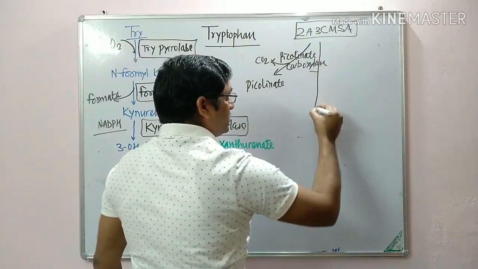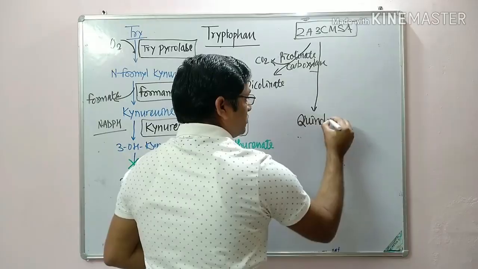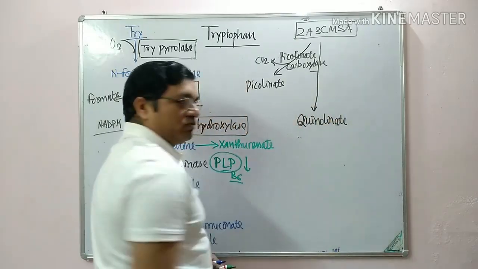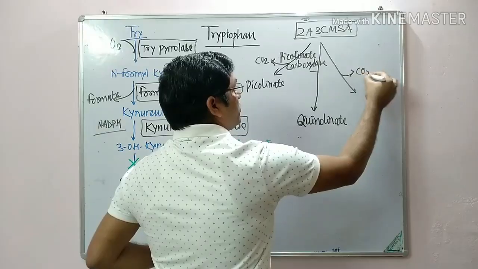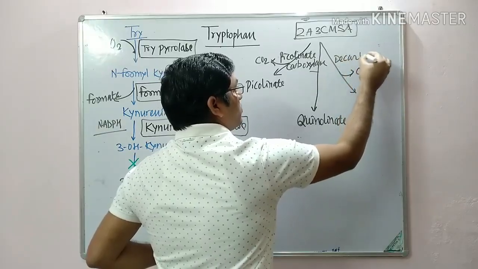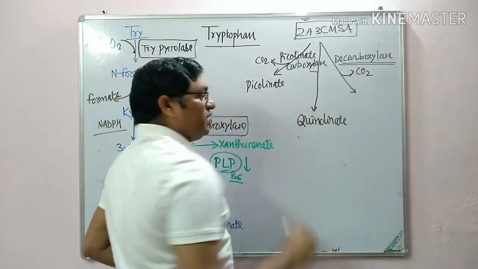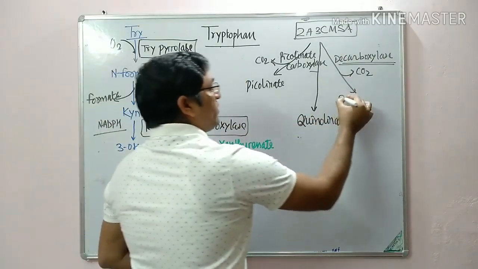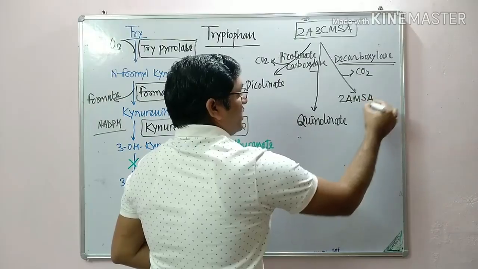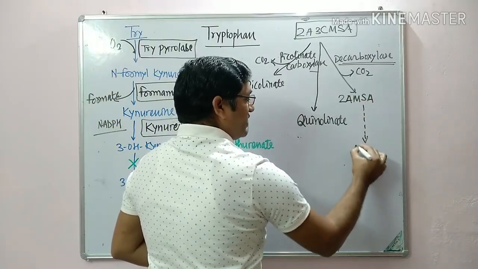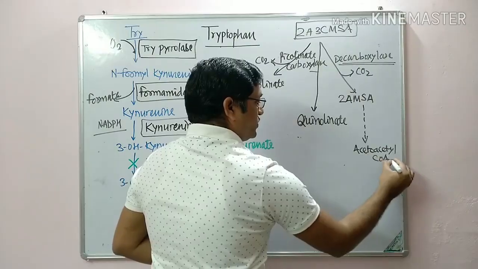On spontaneous reaction it will give quinolinate, and by the decarboxylase, again by the removal of CO2, it gives 2-aminomuconate semialdehyde, and this through multiple steps will give acetoacetyl-CoA, which will give fat.